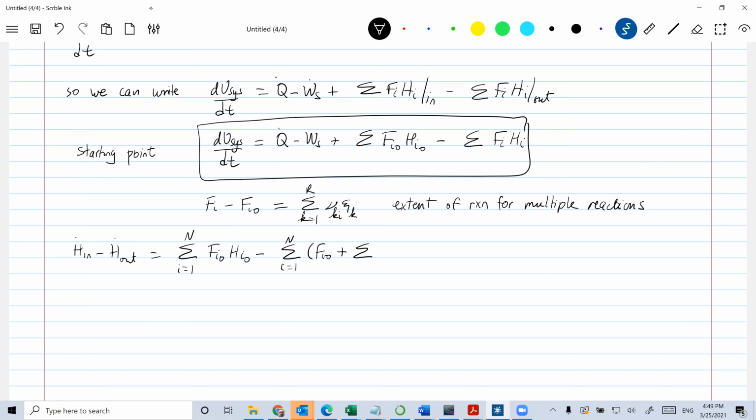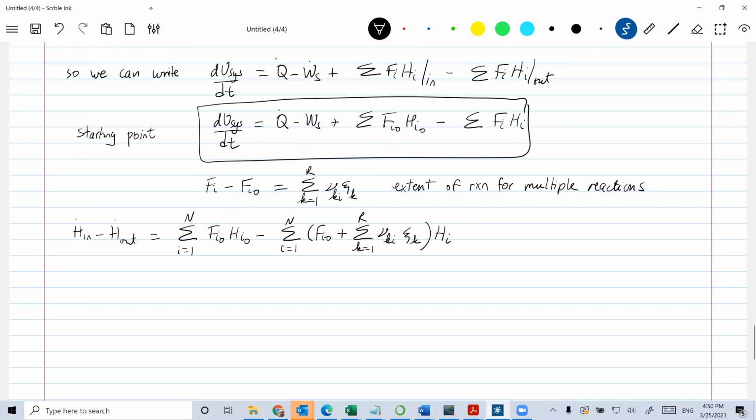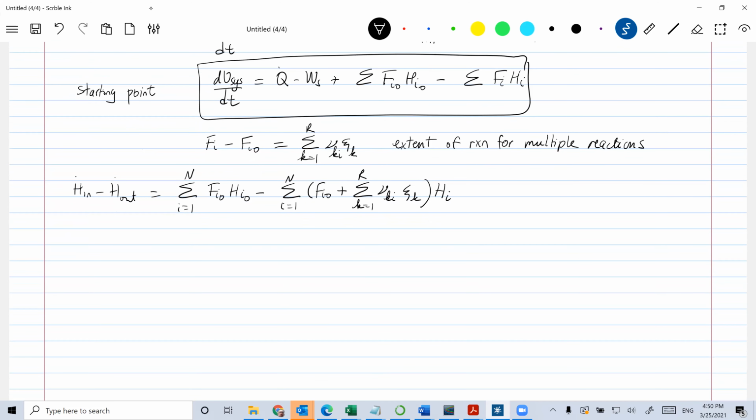And Fi comes from the extent of reaction calculation, summed over reactions 1 to R. Okay. The book has these as partial molar enthalpies, but you can replace them with pure component enthalpies because you assume everything is well mixed. So at least the components are well mixed, you don't have partial molar enthalpies. So you can write this in terms of pure component enthalpies.